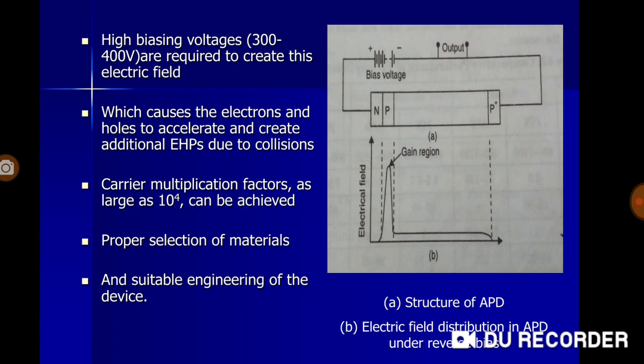Carrier multiplication factors as large as 10 to the power 4 can be achieved by selection of proper materials and suitable engineering of the device. How we create the device, the structure, and what kind of materials are used finally decides how much gain can be attained.